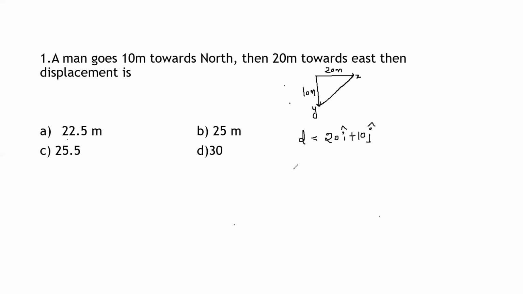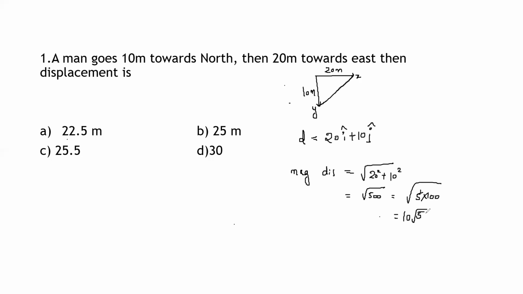Now, the magnitude of displacement is given by under root of 20 square plus 10 square. What is 20 square? It is 400 plus 100, that is 500. So it is root of 500, that is equal to root of 5 into 100, which is nothing but 10 root 5.